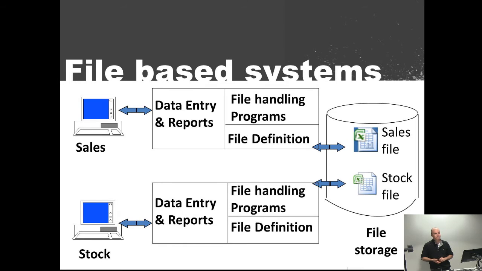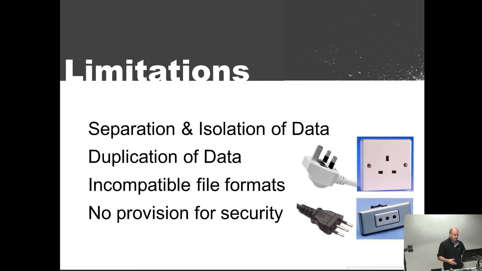And there is no coherence in the data which represents your business. So the limitation, as I said, is that data are separated, and they are isolated. Okay, there is no connection between them. Data are also duplicated. Each time you are selling something, you have the name of the product, and in your stock you have also the name of this product.